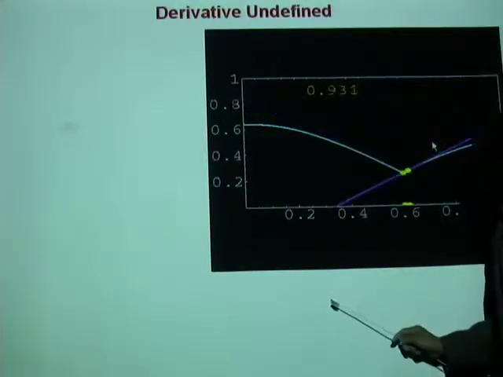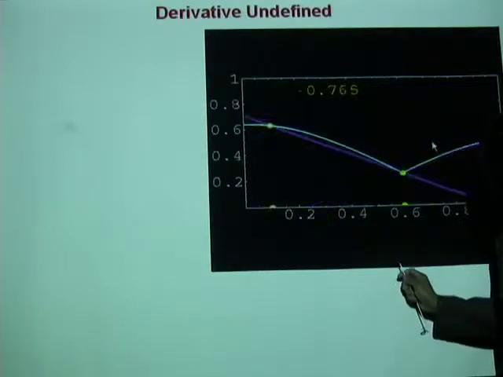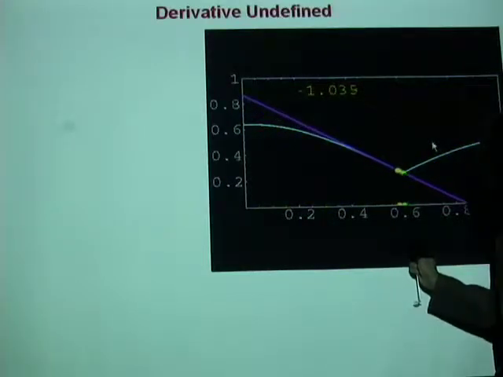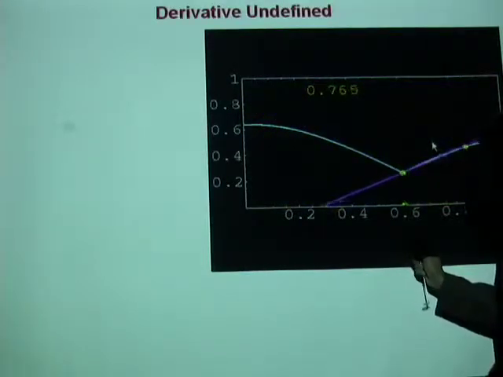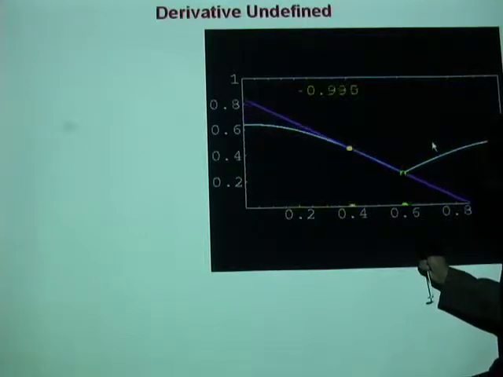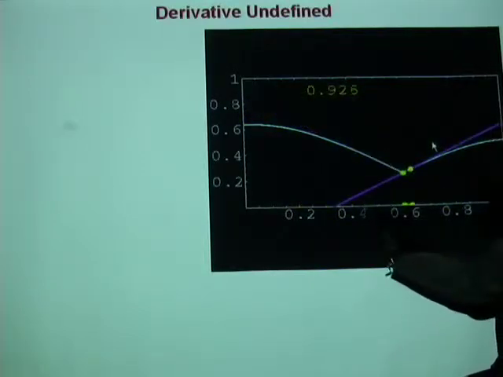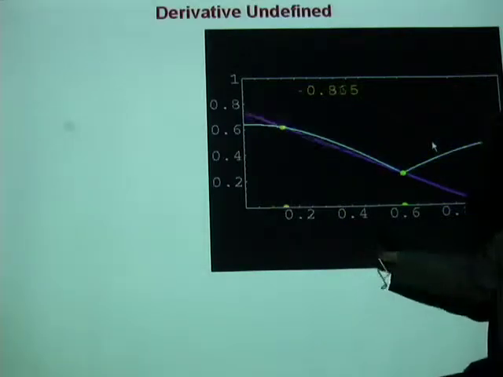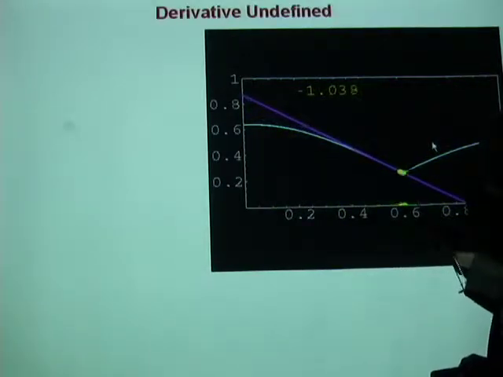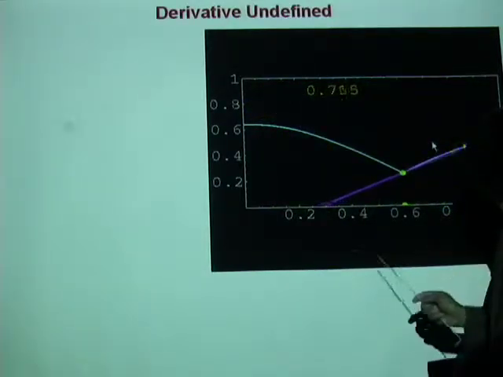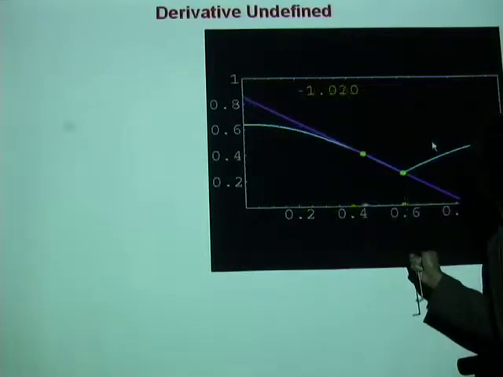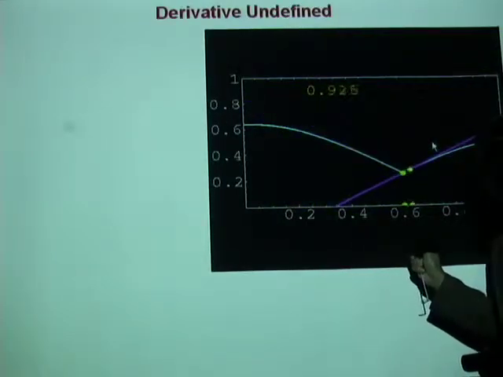If you can see my pointer, when it goes into the dark area, you will not be able to see it. But you see the point here? At that point, the graph of the function has, we say, it is not smooth. Is that right? The curve is not smooth.